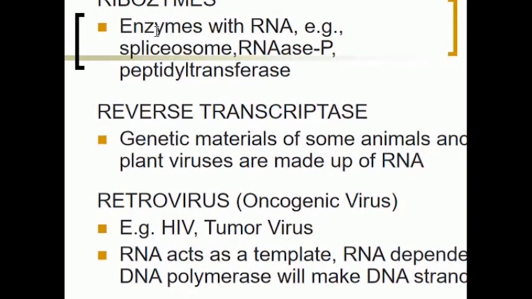Examples are several oncogenic viruses. What are oncogenic viruses? Viruses causing cancer. They have RNA as genetic material, as do HIV and tumor viruses. So RNA acts as a template, and reverse transcriptase is an RNA dependent DNA polymerase, which will make the DNA strand, and that DNA will get incorporated into the host. Okay, so with that we are finishing transcription.